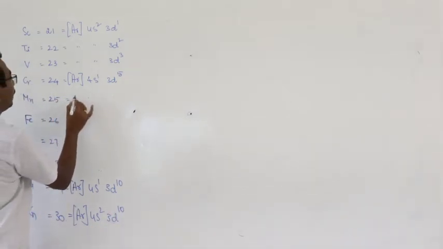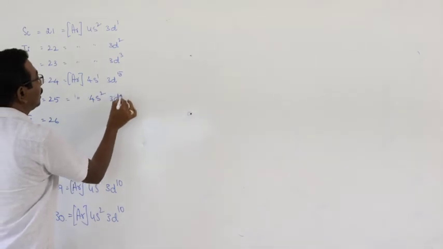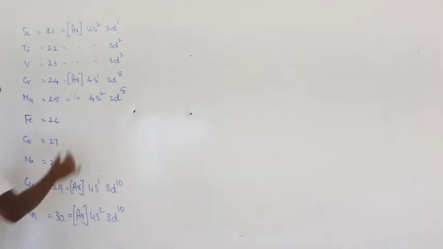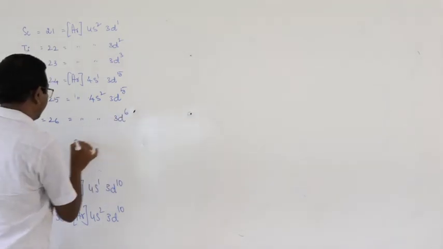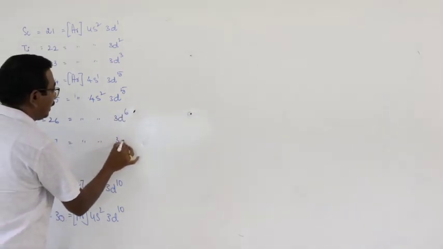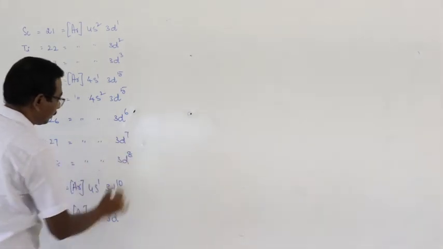Here manganese, argon 4s2 3d5. Next, iron 3d6, 3d7, 3d8.